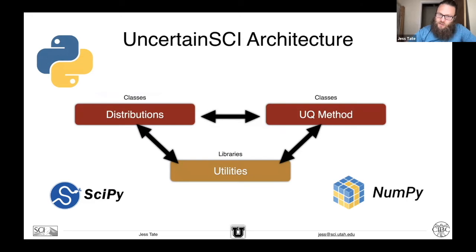We have the class distributions, which are the types of input distributions you can find for different parameters and inputs. We have the UQ method, which in most cases currently is the polynomial chaos emulator, but we also have Monte Carlo implemented. And then we have some utilities that help bind everything together.